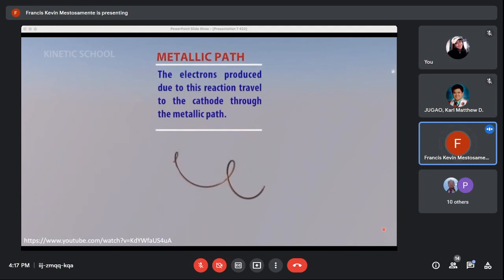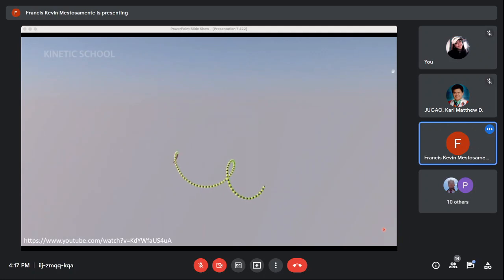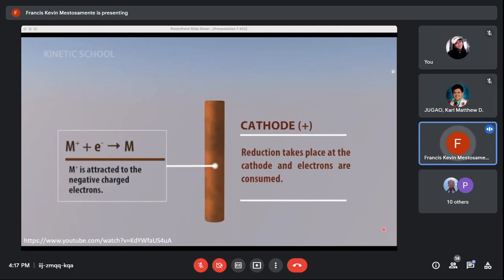Metallic path. The electrons produced due to this reaction travel to the cathode through the metallic path. Cathode. Reduction takes place at the cathode and electrons are consumed.